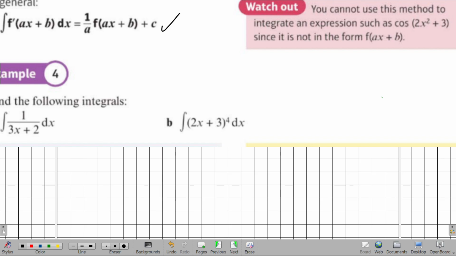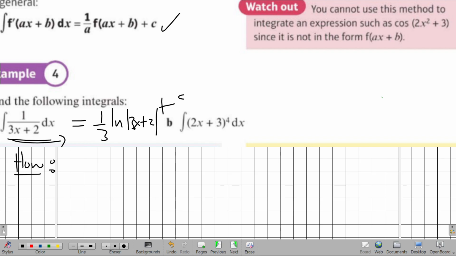But what the answer of this question looks like, I know already it is going to be 1 over 3 natural log of 3x + 2 plus the constant of integration, c. How? That's the question I want to answer. I'm going to answer it in two phases. First of all, I'm going to justify it numerically by using substitution. Then I'll attach it to the functions as well.